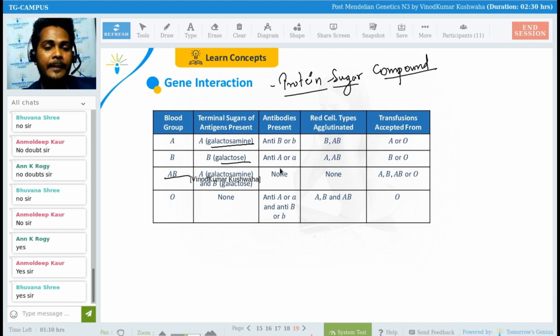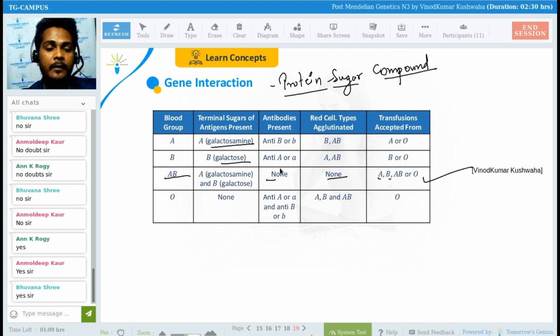Similarly, in AB, what components are present? There is galactosamine for A and galactose for B together, right? That means there is no antibody, as we studied. Red cell type agglutination none, and the transfusions except from A, B, O. You know that AB can accept blood from all, but cannot donate.